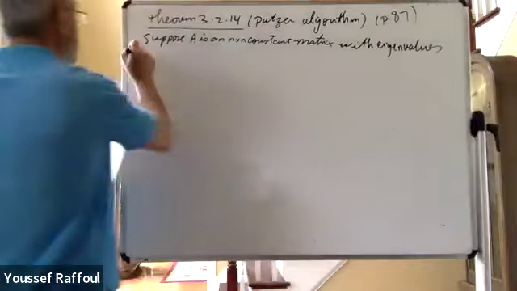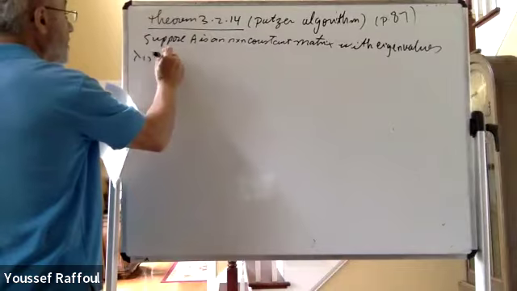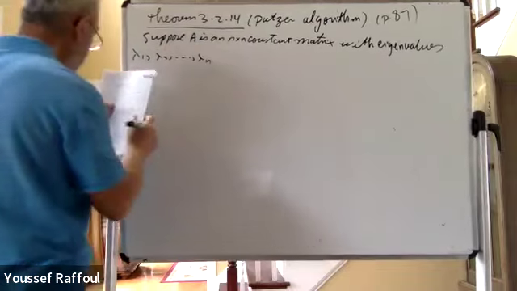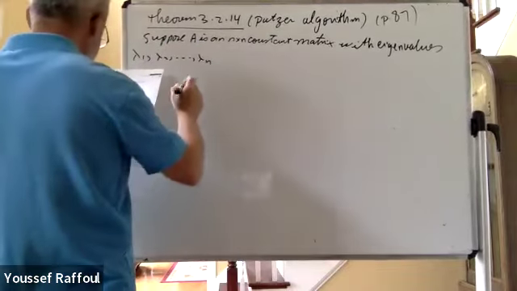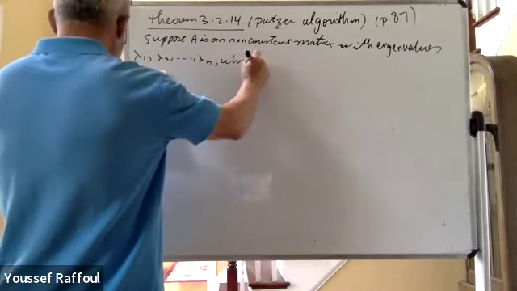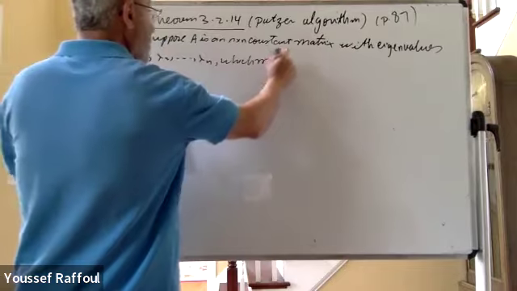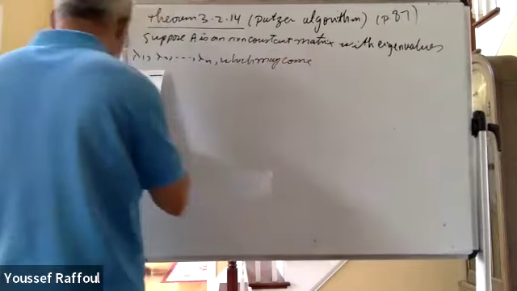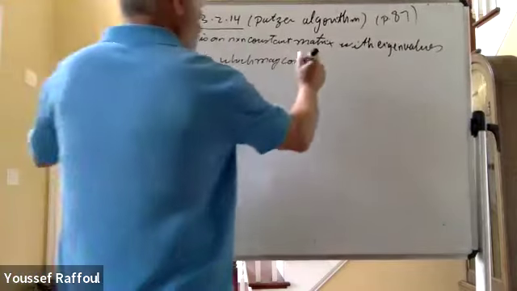with eigenvalues lambda 1, lambda 2, up to lambda n, which may come in any order or multiplicity.